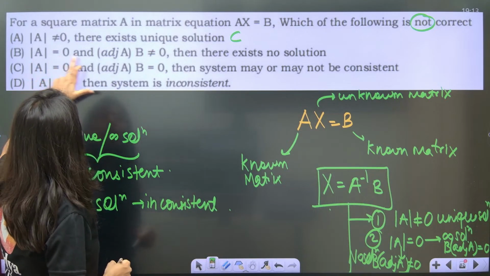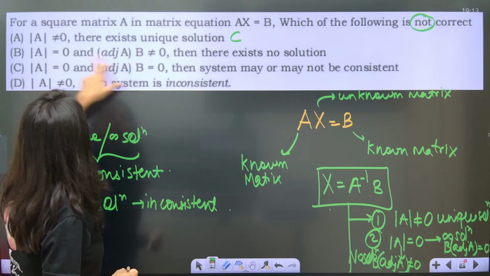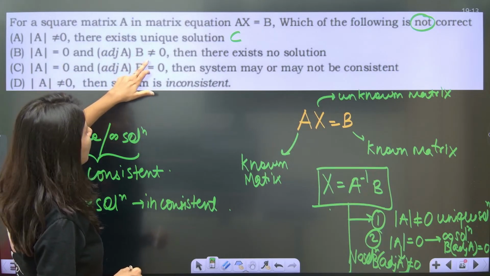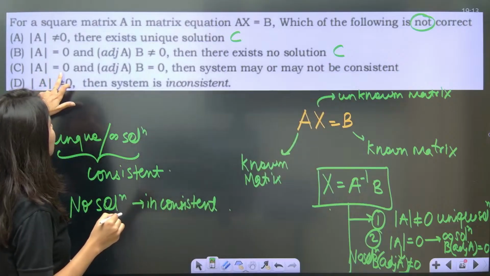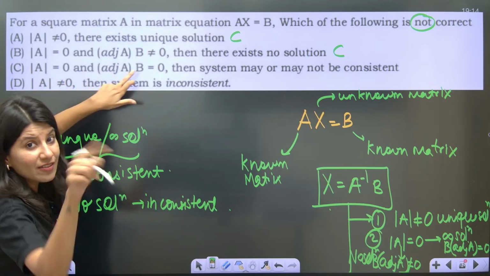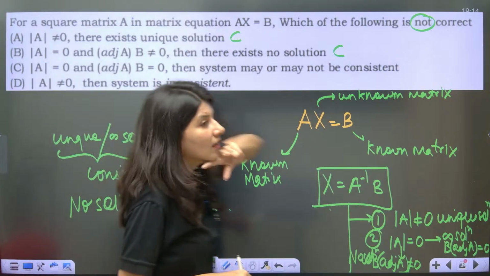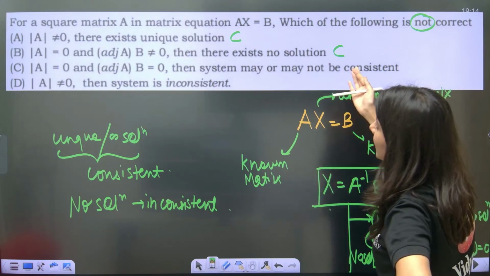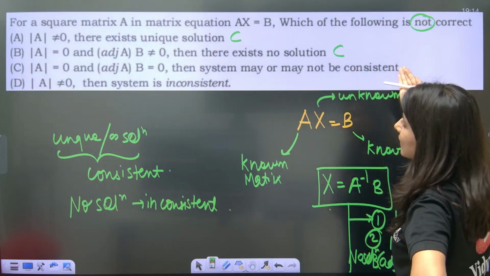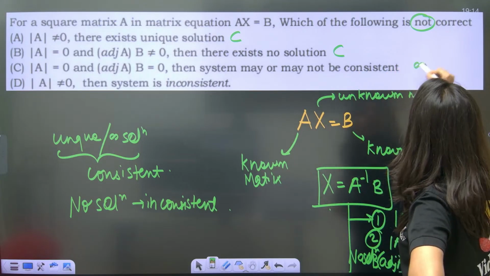Determinant A 0 and adjoint A into B non-zero is no solution. So this is also correct. Determinant A 0 and this is 0, that means infinite solution, so may or may not be consistent. Okay, this is infinite solution.